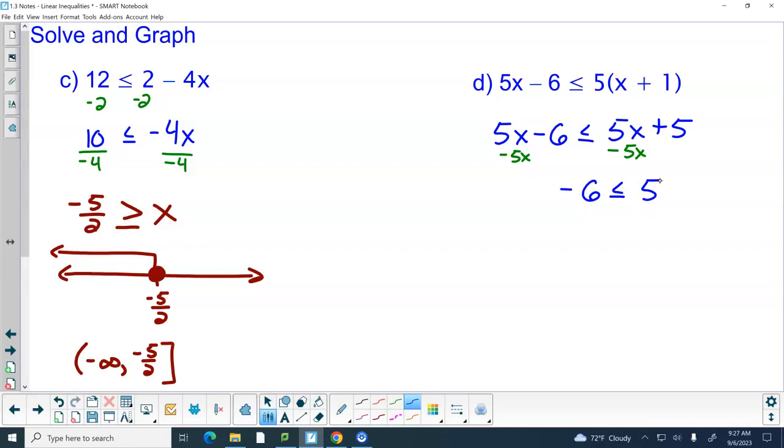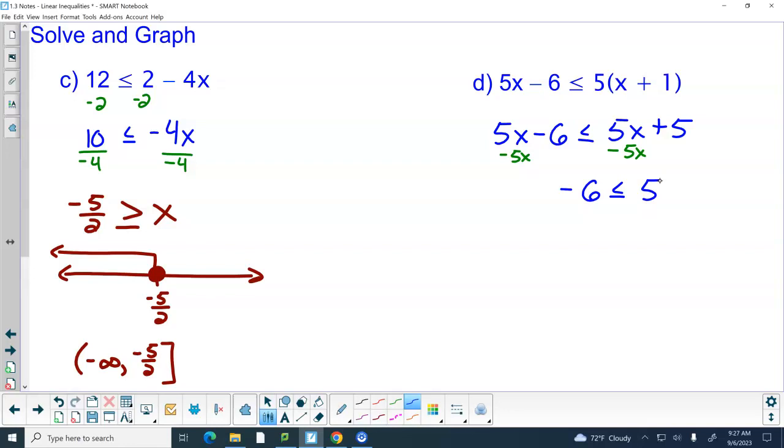So now I have to ask myself, is negative 6 less than or equal to 5? Yes or no? Is a negative number smaller than a positive number? Yes. All day, every day.